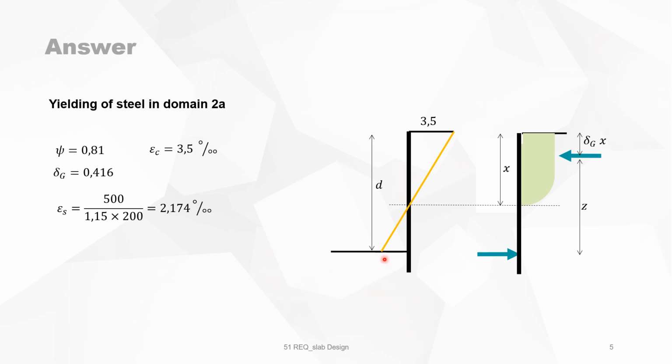The strain in the steel now is easy, just yielding. That means that we get the characteristic value divided by the material factor, and divided by the modulus of elasticity of the steel. It gives you 2.174 per mil.